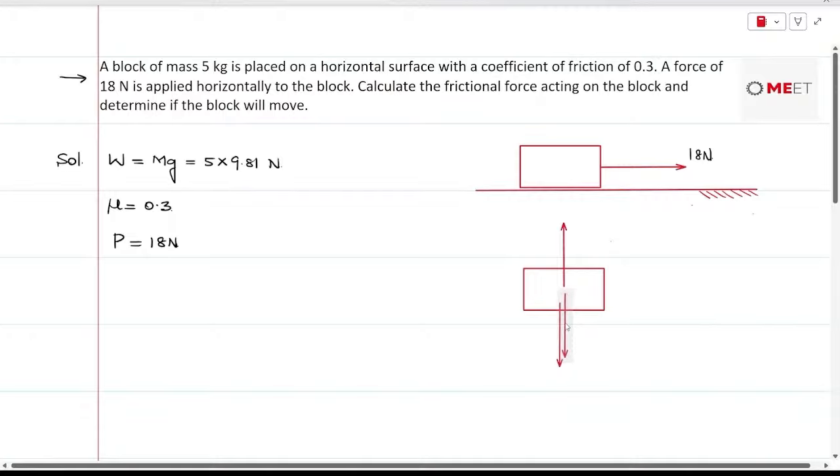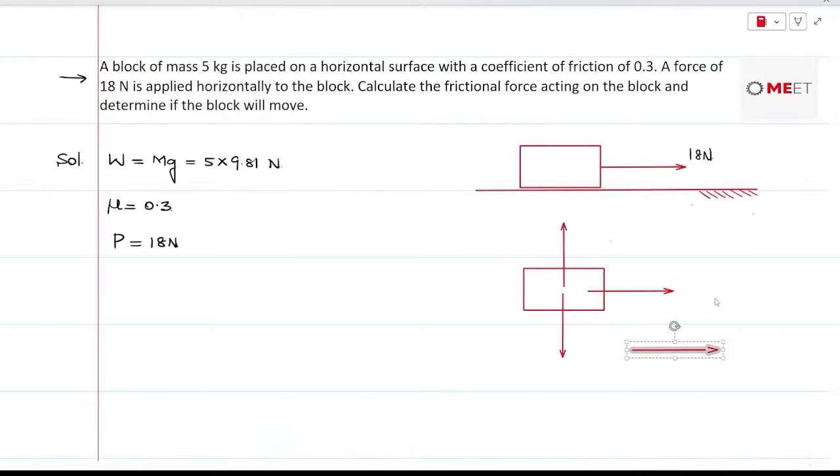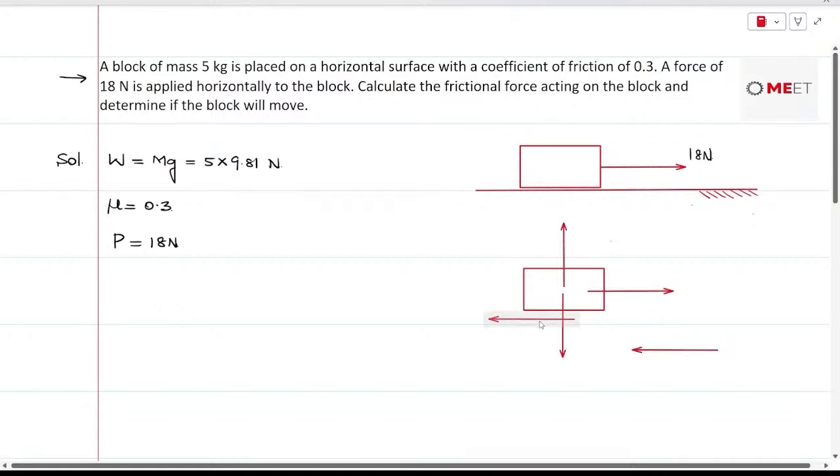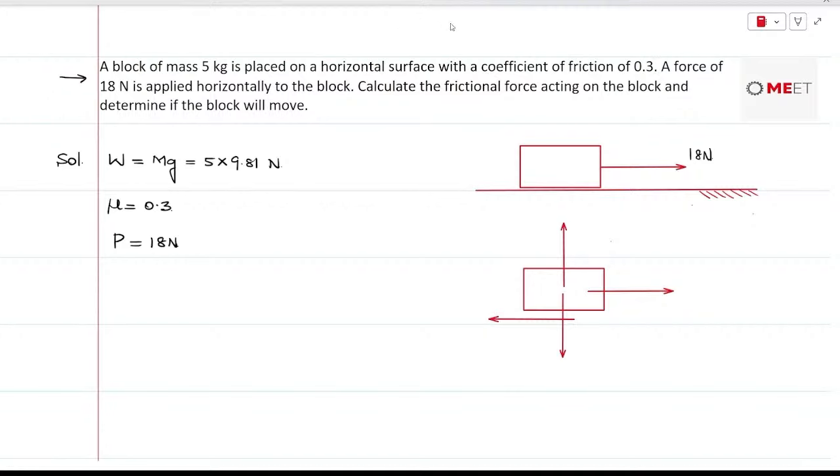This will be the weight. Next, the force of 18 Newton is applied on the right side, and the same force will be countered by the friction force on the left side. So friction is always going to oppose the motion. So this would be Rn, this is W, this would be P, and here this would be the friction force.